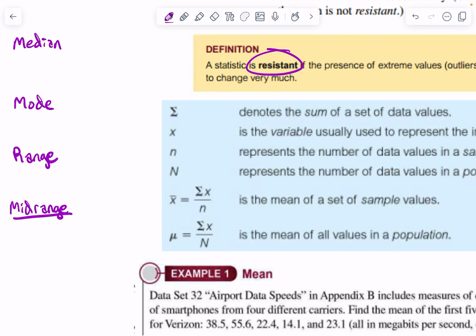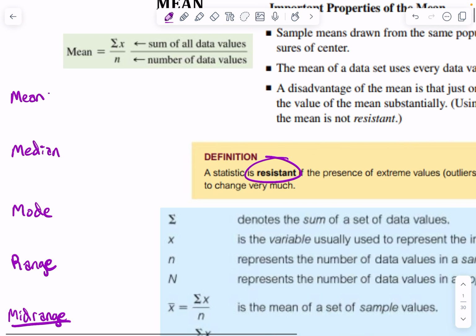We'll discuss what that is. But anyway, mean is the average of values. Average is adding up all the scores and then dividing by the number of numbers that you have. So that's what the mean or the average is.